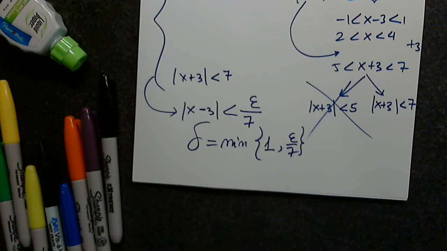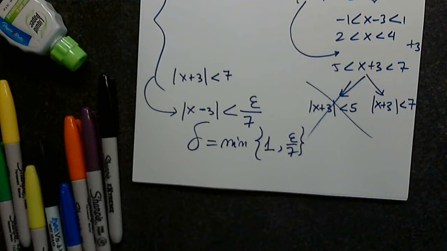So once I have x equals 3, right? That was a equals 3. I know that delta cannot be more than 1, which means x is between 2 and 4. And from that assumption, I add 3 to all three sides, and I get two options. X plus 3 to be less than 5, which does not work. Or x plus 3 in absolute value to be less than 7, which includes all this.